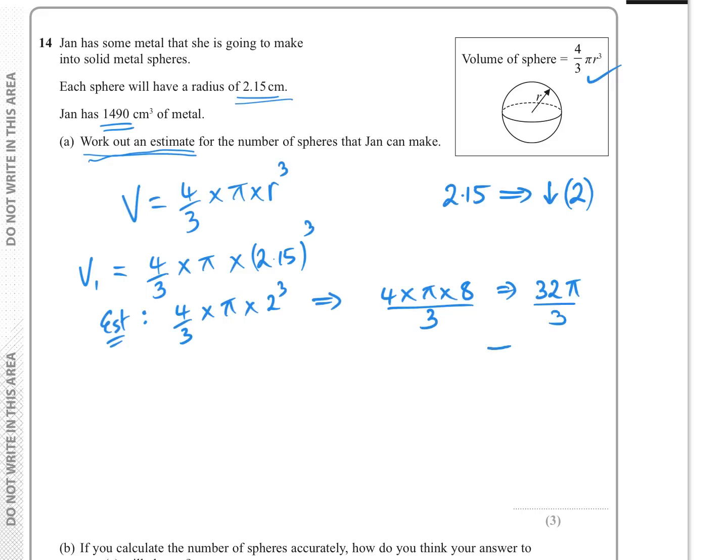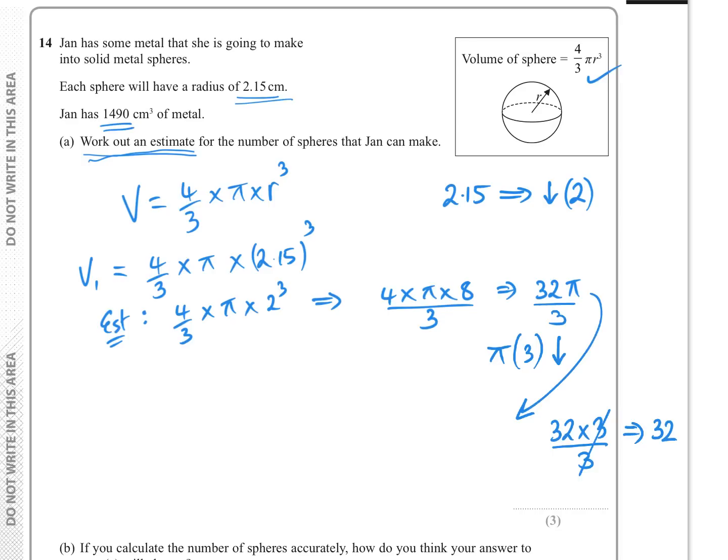And I'm going to take pi as 3, which is again a rounding down, so that will give me here 32 times 3 divided by 3, which is 32.